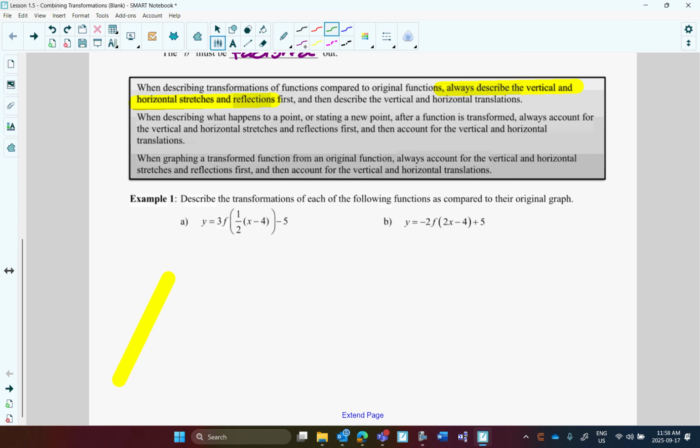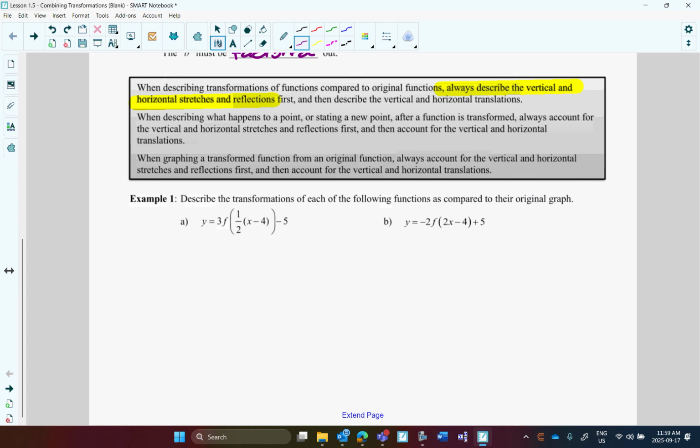Okay. So knowing that, describe, and when you see the word describe, that means words. Everything that's taking place in this function. Somebody tell me something. Yana? You're missing a word.